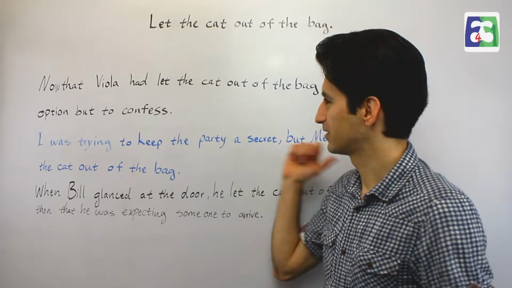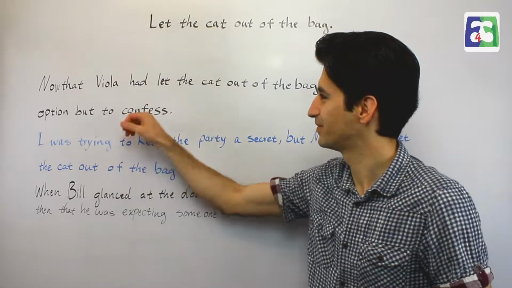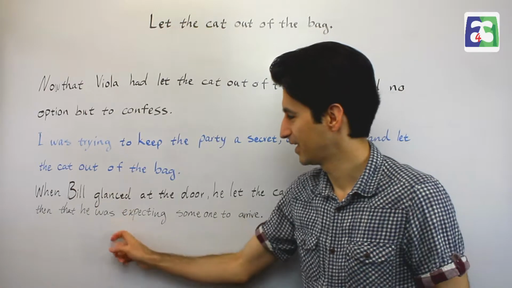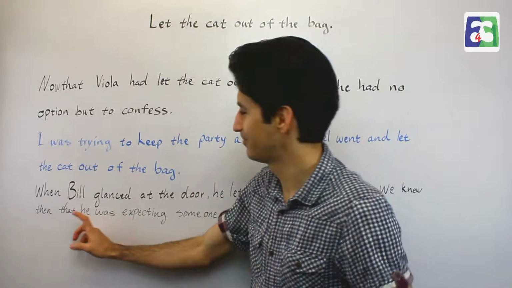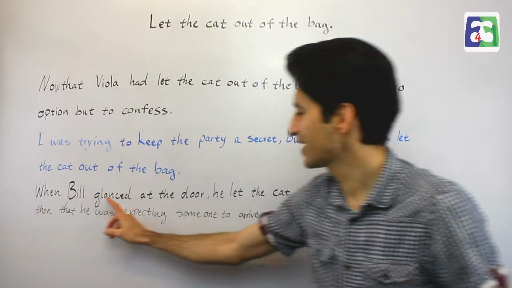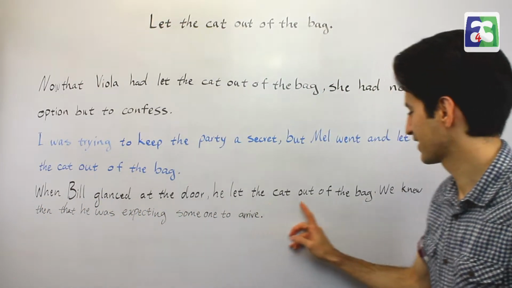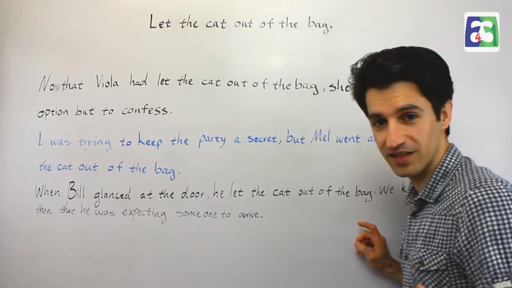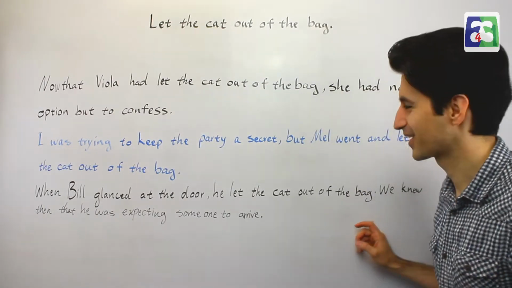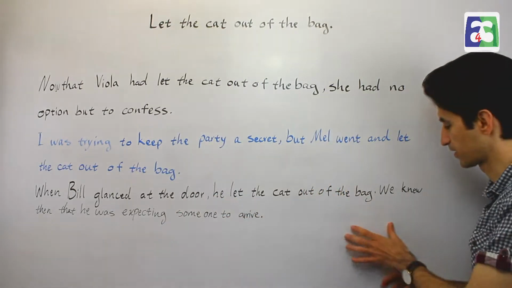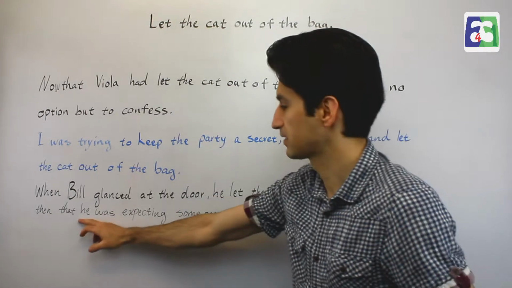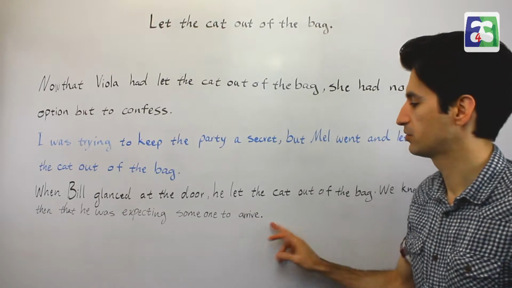Mel did this time, Viola over here, and Bill has revealed it in a different way, not just by speaking. When Bill glanced at the door, he let the cat out of the bag. Without saying anything, you can also let the cat out of the bag. We knew then that he was expecting someone to arrive.